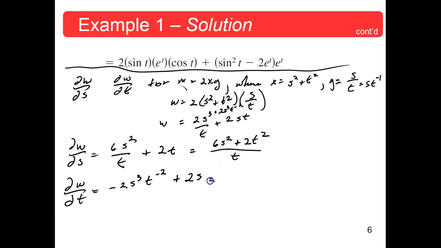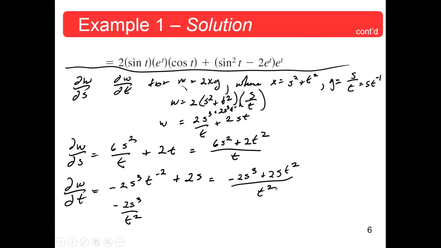And this one, let's rewrite as minus 2s cubed over t squared, and then write that similarly, minus 2s cubed plus 2s t squared over t squared.